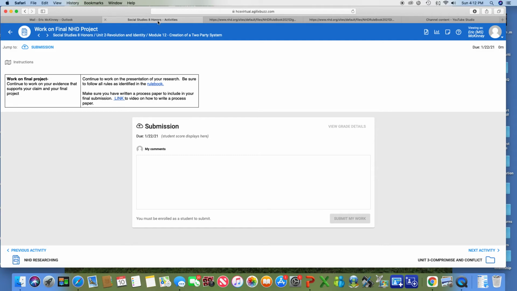Remember that you are actually dividing the annotated bibliography up. So your primary sources are going to go first, clearly labeled, and then your secondary sources are going to go second, clearly labeled.